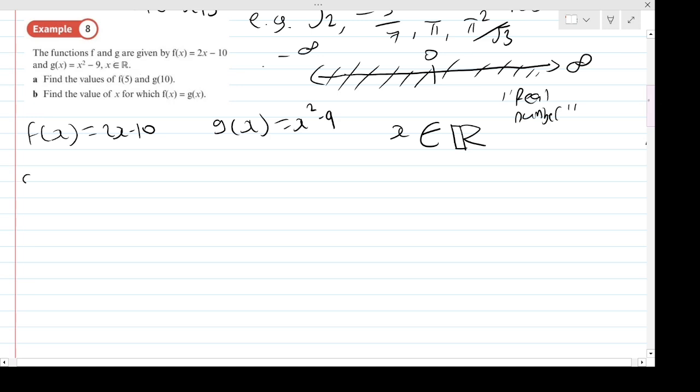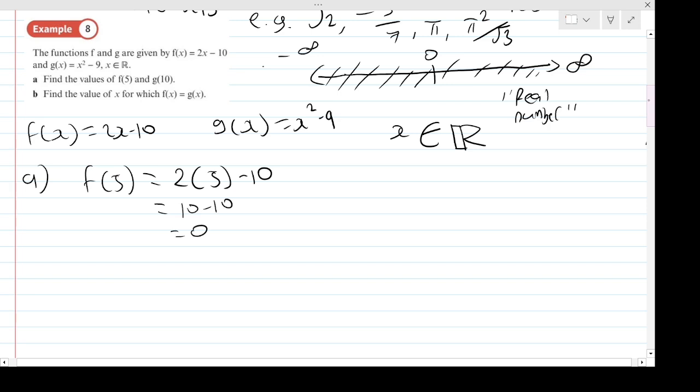Then part A is telling us to find the values of f of 5 and g of 10. Well, f of 5, that's telling us our input is 5. We want to input 5 into our f of x here, so plug in x is 5. So that's going to be 2 lots of 5 minus 10, and therefore that would be 10 minus 10 equals 0.